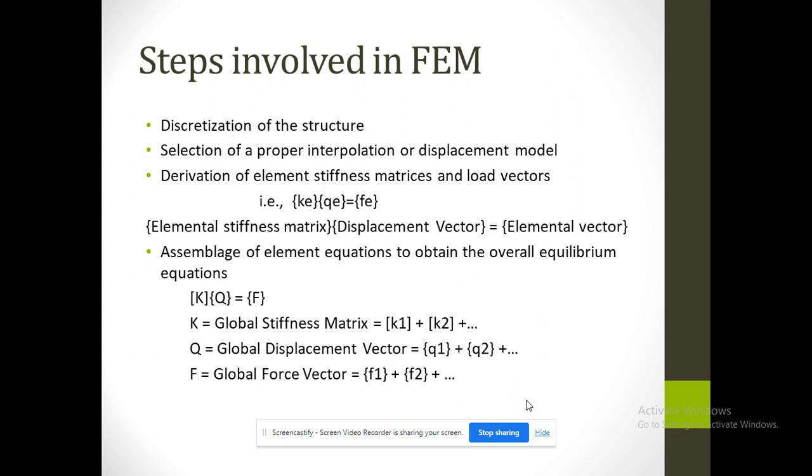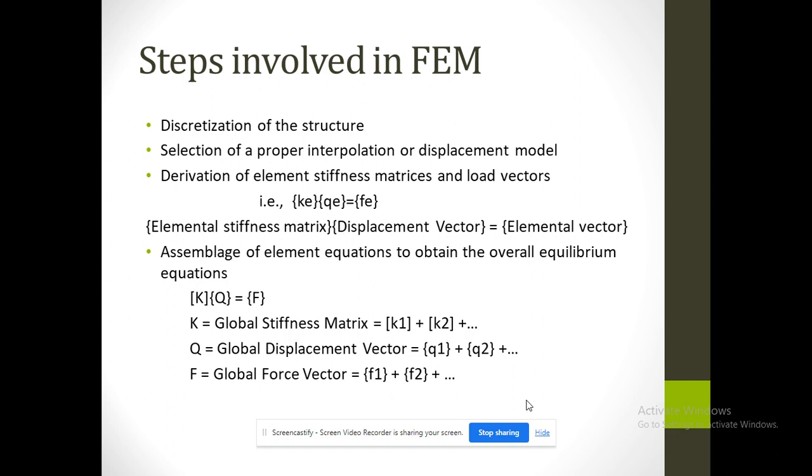The assumed solution, known as the displacement model, must be simple from a computational standpoint, but it should satisfy certain convergence requirements. In general, a polynomial form of solution is assumed for the displacement model. There are two types of displacement model, polynomial form and trigonometric form.